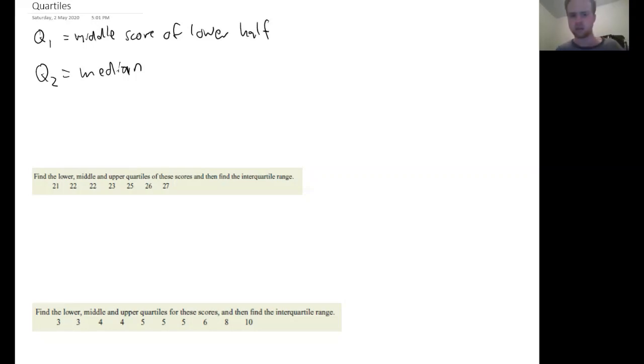If we're just looking at the lower half, Q1 is the score that splits that lower half in 2. And then Q3, the upper quartile, is the quartile that's going to split the upper half into 2. So that's the middle score of the upper half.